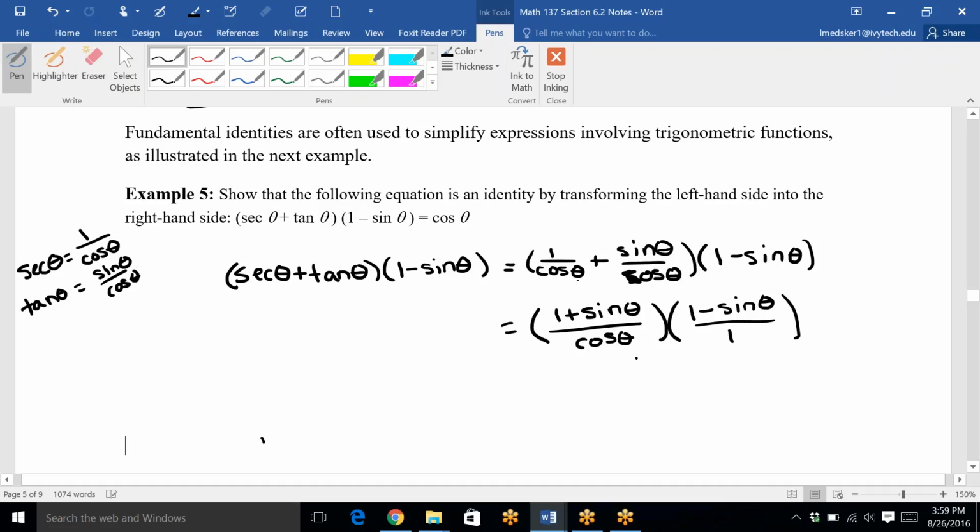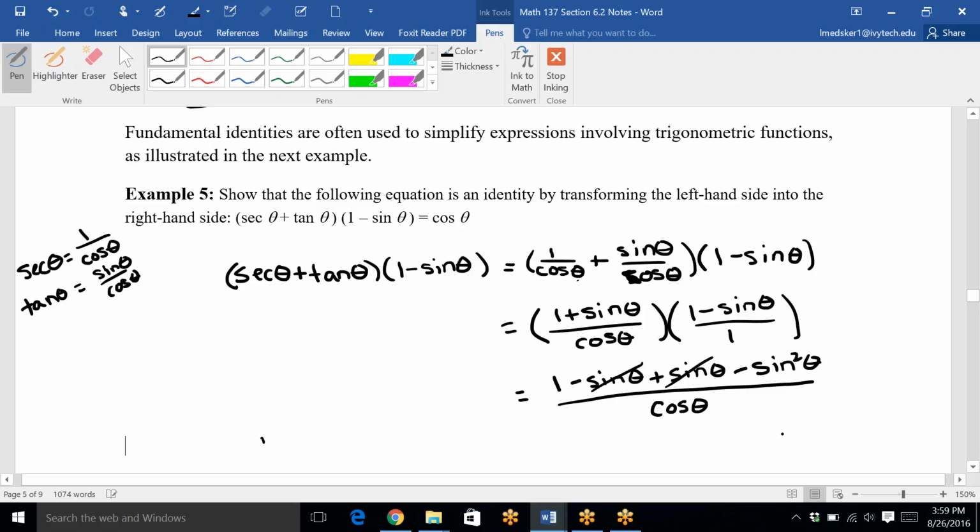Now I can multiply top times top and bottom times bottom. Okay, so this is FOIL, so 1 times 1 is 1. 1 times negative sine theta is negative sine theta. Sine theta times 1 is positive sine theta. Positive sine theta times negative sine theta is negative sine theta squared. The bottom is just cosine times 1, so that would just be cosine theta.